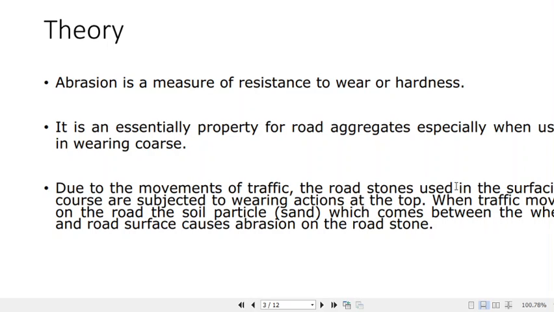Because of the application of rolling loads, the different particles or different surfaces of the aggregates are subjected to abrasion. For this reason, aggregates to be used in road construction need to be very good in terms of abrasion value.